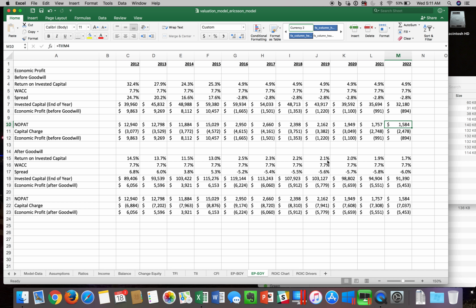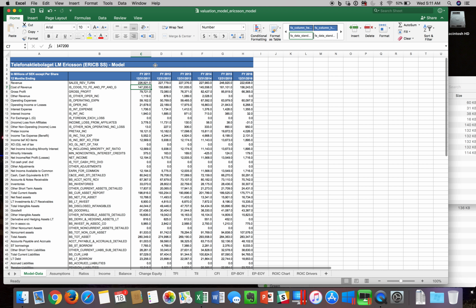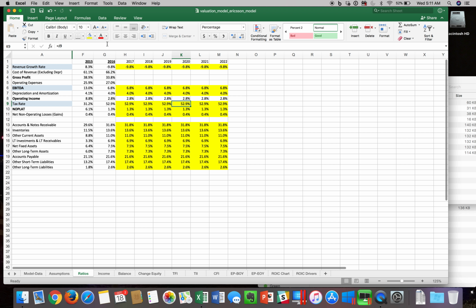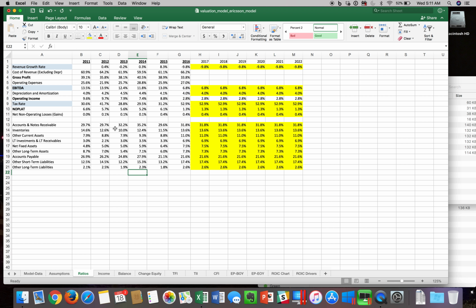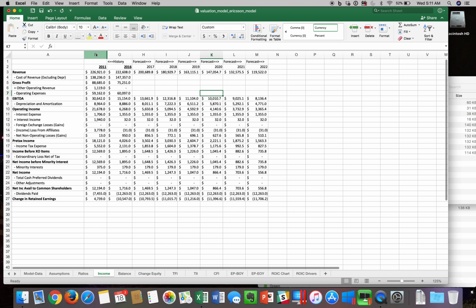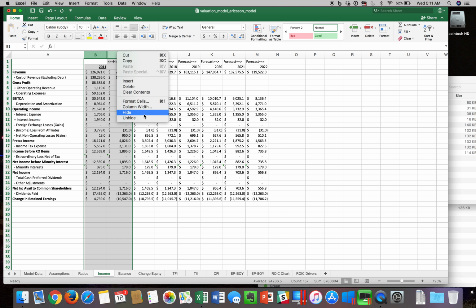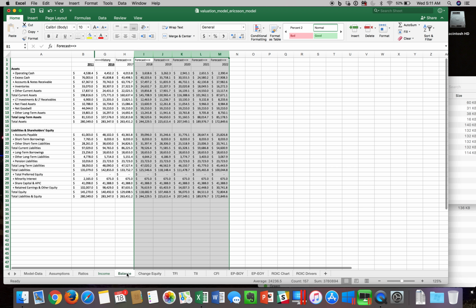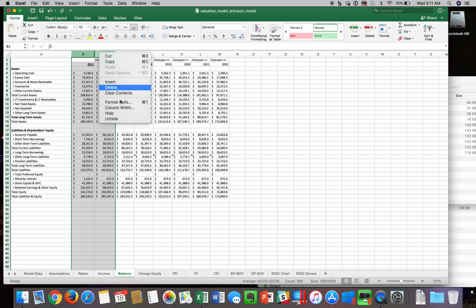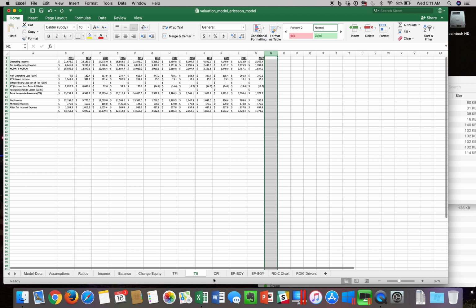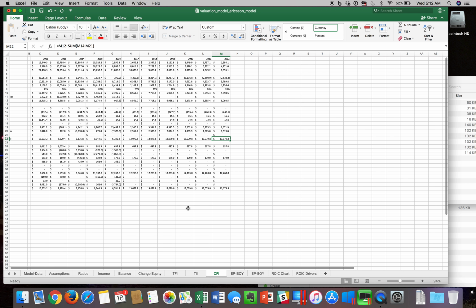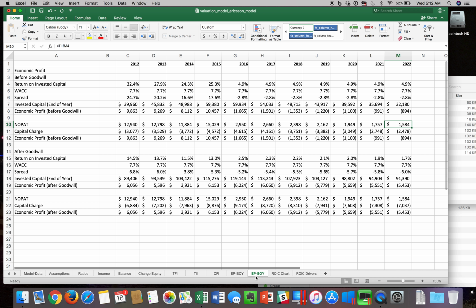Okay, so what we've done is in the model data, we have 6 historical years of Ericsson data, and using the ratios, we have 6 historical years, which I will now unhide, of ratios, and 6 forecast years of ratios, which create 6 years of forecasted income statements, 6 years of forecasted balance sheets, and more importantly, 6 years of economic statements, TFI, TII, CFI, and economic profit, both beginning of year and end of year.